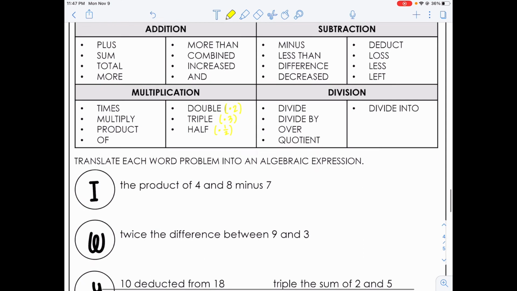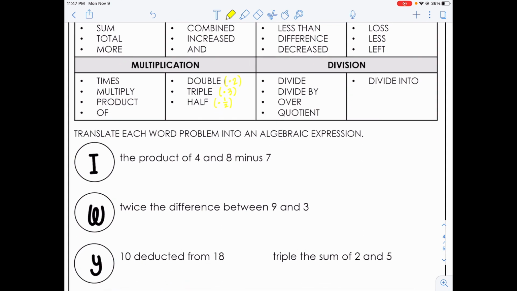So our last section is to translate each word problem into, it is not an algebraic expression. These ones are going to actually be numeric expressions. So the product of 4 and 8 minus 7. Product right here tells me that I'm going to multiply. And it says the product of 4 and 8.